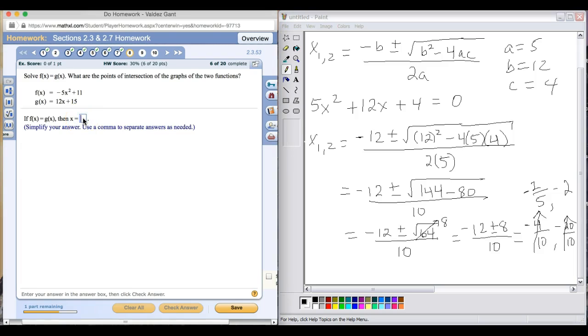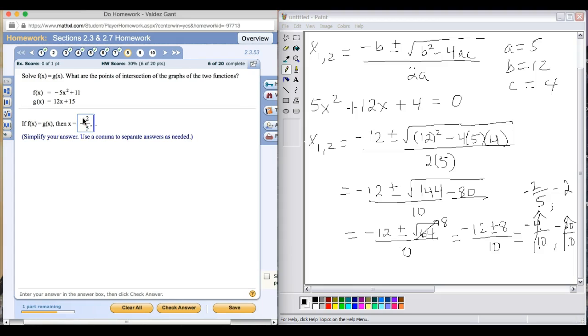So we're going to plug this in. This would be a minus 2/5. Use the right arrow to get out of the denominator, and then negative 2. Okay. And so now if we wanted to find the points of intersection, all we would have to do is plug in our x values into either one of these two functions to figure it out.